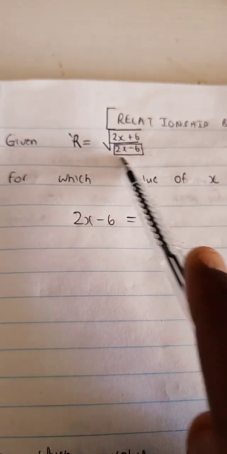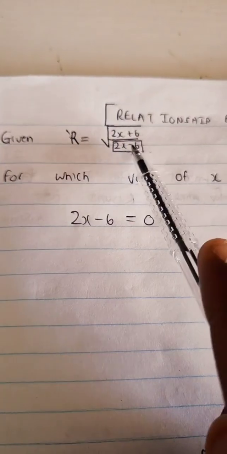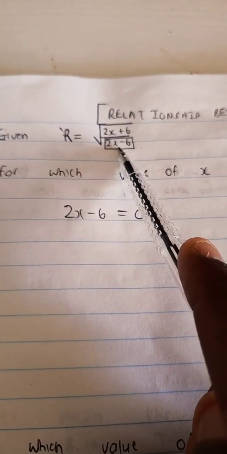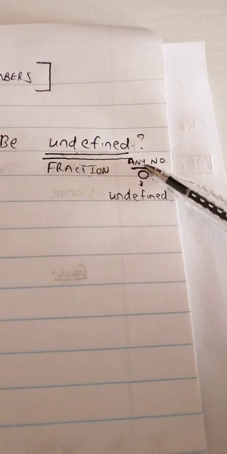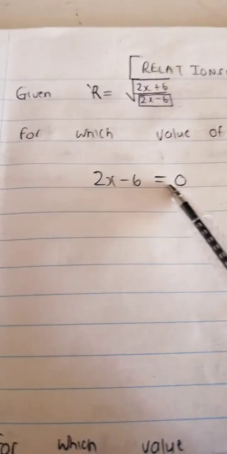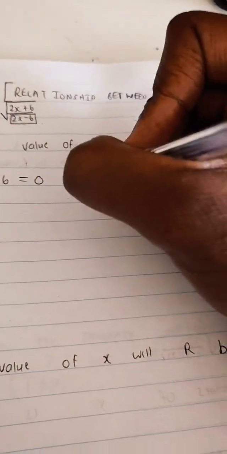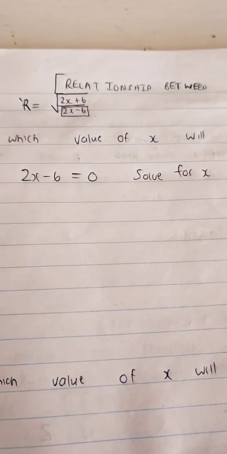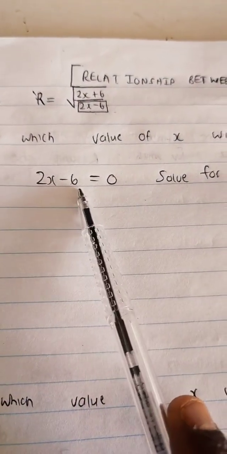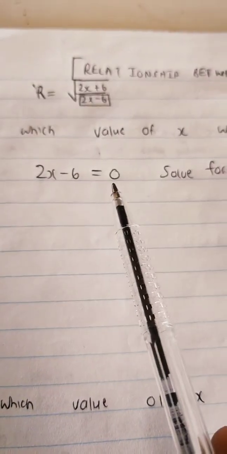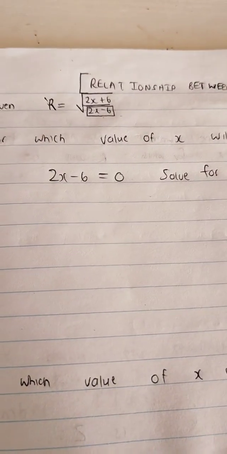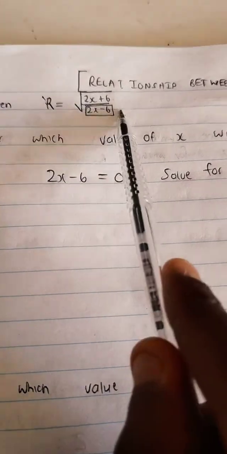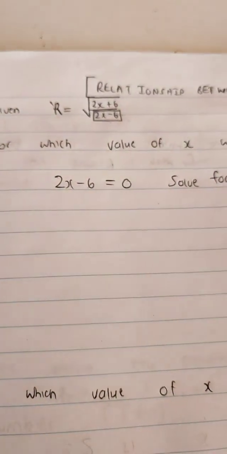So we take the 2x minus 6, which is the expression in the denominator, and we make it equal to 0. Then we solve for x, which should be quite simple for a grade 9 learner who is now in grade 10 wanting to do pure maths, because solving for x where 2x minus 6 is equal to 0 is simple.